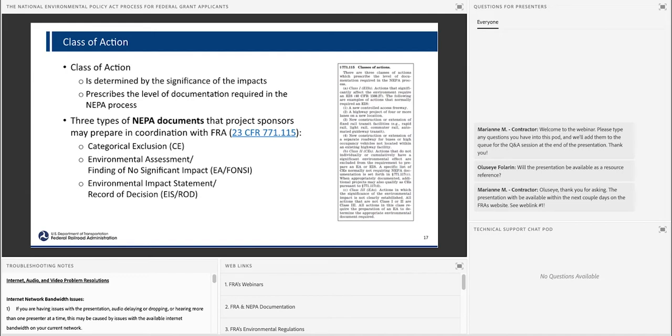The second is an environmental assessment, which would potentially conclude in a finding of no significant impact, often referred to as a FONSI. And the environmental document type that often is talked about the most, but actually represents generally the smallest number of projects we do, is the environmental impact statement that would conclude with a record of decision.